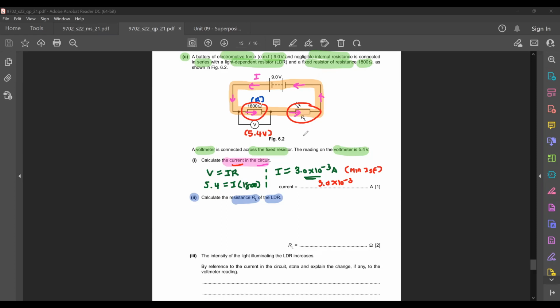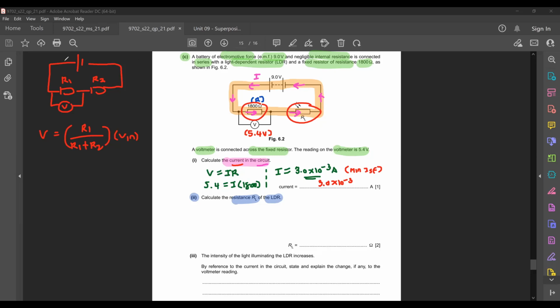If you want to use the potential divider equation, where V equals R1 over R1 plus R2 times V in, for a circuit like this, where this one is R1 and this is R2, and I want to find this V.